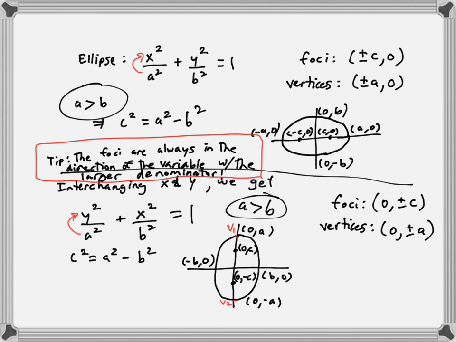The larger denominator, okay? So this is how you can tell which type we're talking about.